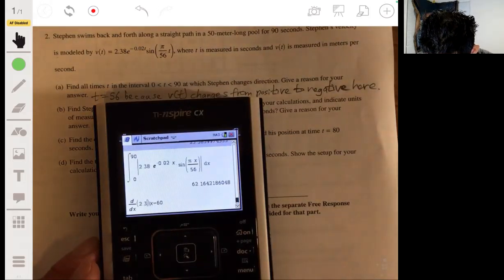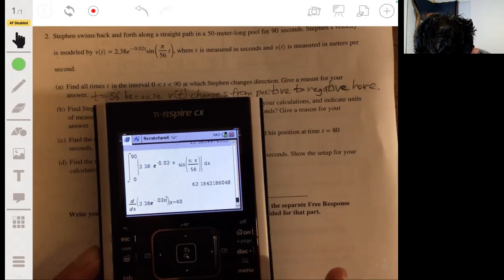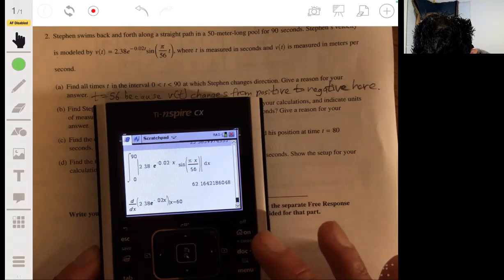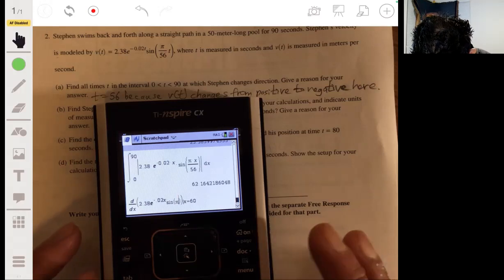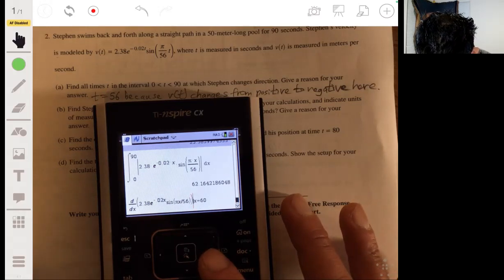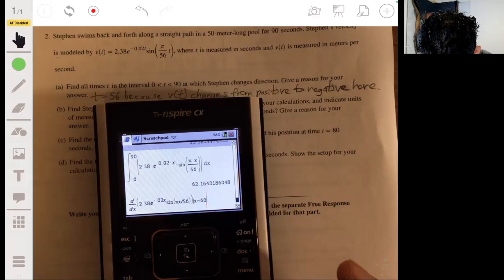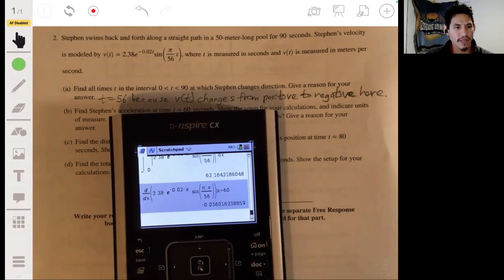Just making sure I don't mess up, all right? And we get negative 0.036.